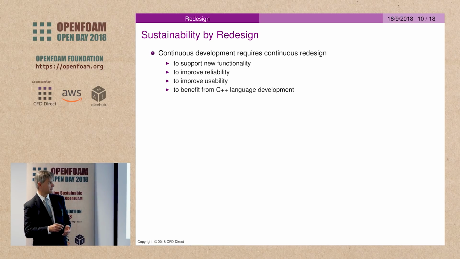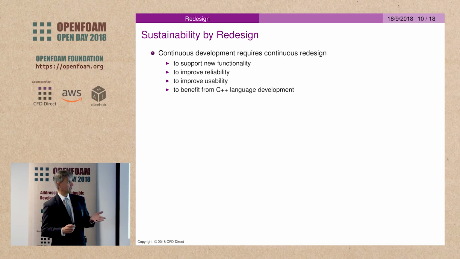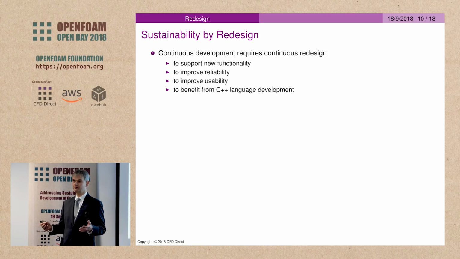I mean, the C++ programming language, I started using it in 1989. It was standardized basically in 1997, and that was a good standard. But the 2011 standard that we're now using is fantastic. There's a lot of really great functionality in the language, but we can only really effectively use parts of it because we can't rewrite the whole of OpenFOAM to use all of it.